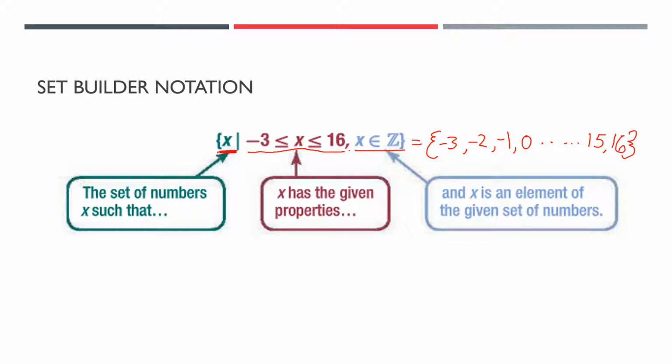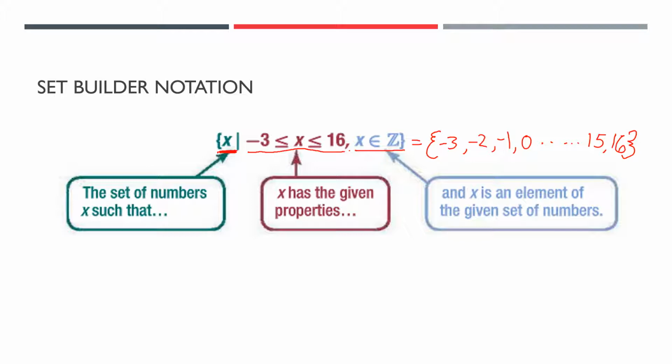But rather than writing this long thing, we're simply saying the numbers such that this number is between -3 and 16, and it's an integer. This tells us that this number is what we're dealing with. The vertical line is the word such that. That's how it's read.